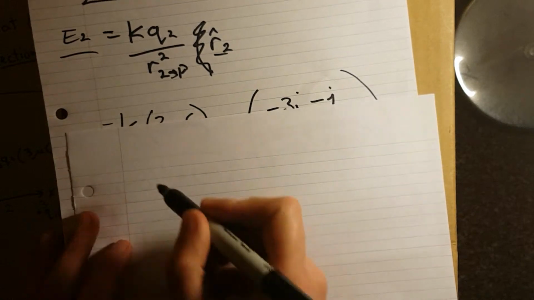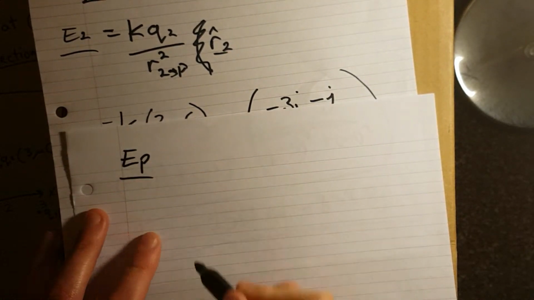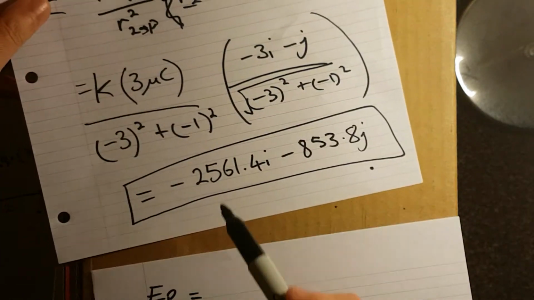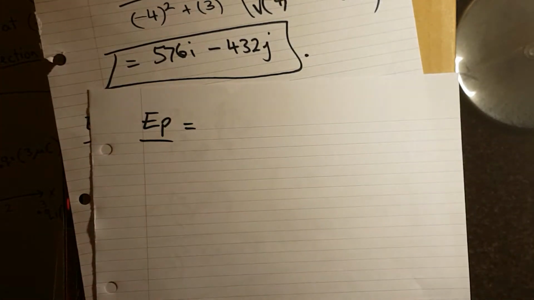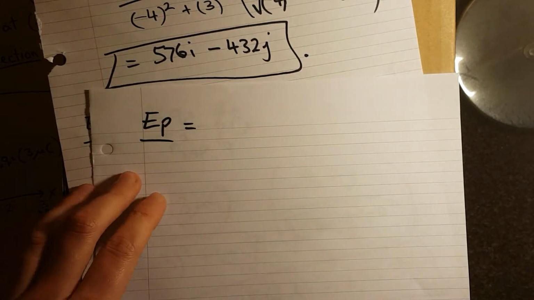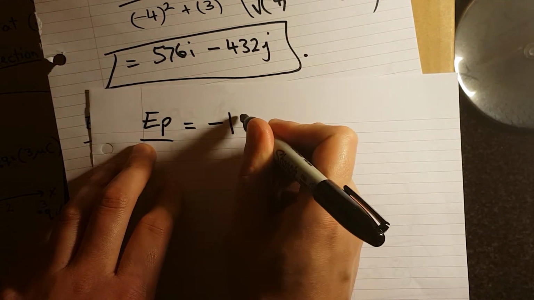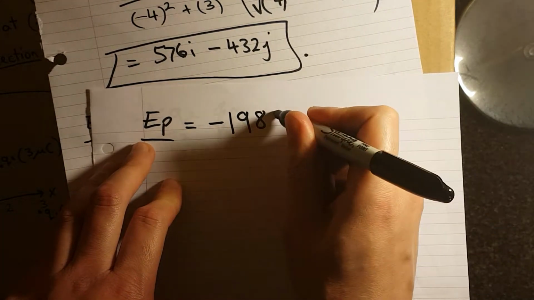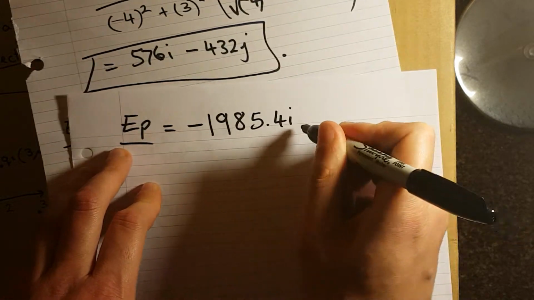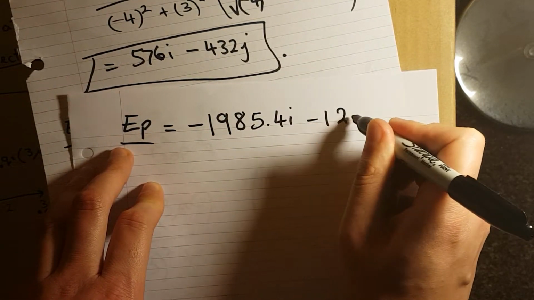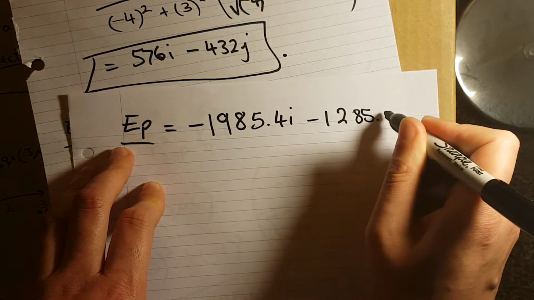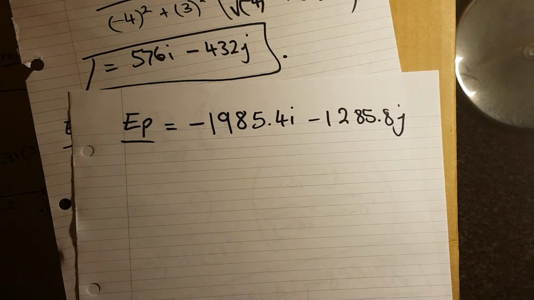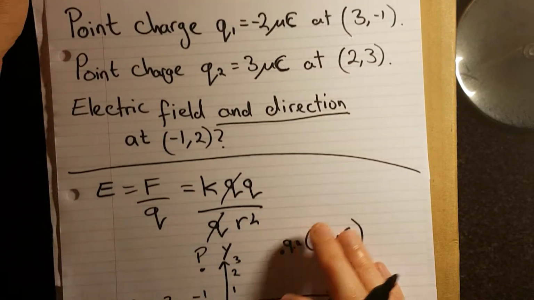So EP, the vector, is equal to E1 plus E2, and we end up getting -1985.4i minus 1285.8j.